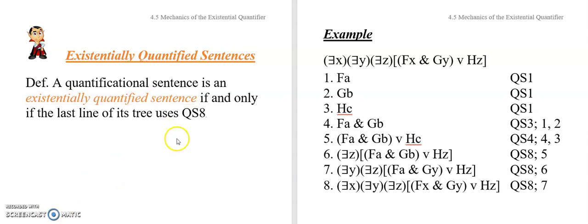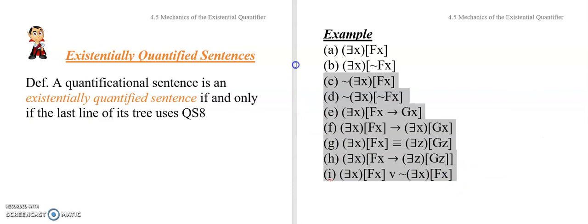And a sentence is an existentially quantified sentence if and only if the last line of its tree uses QS8. So this is an existentially quantified sentence. Why? Because the last line of its tree right here uses QS8. Okay? So let's look at a few examples to close out this section.